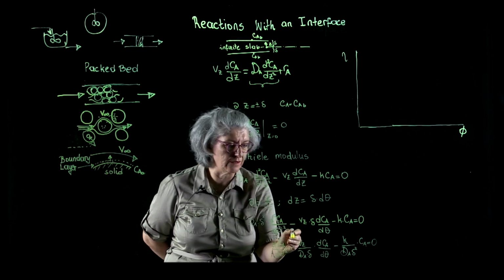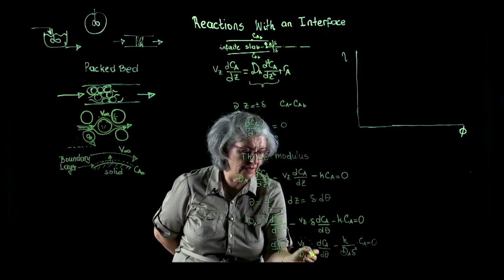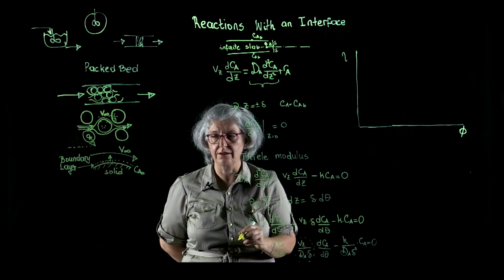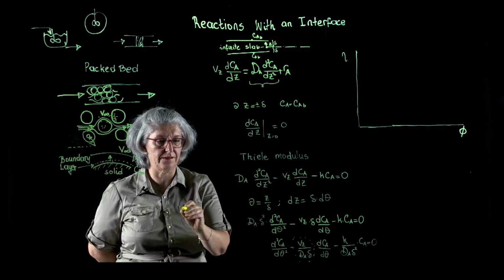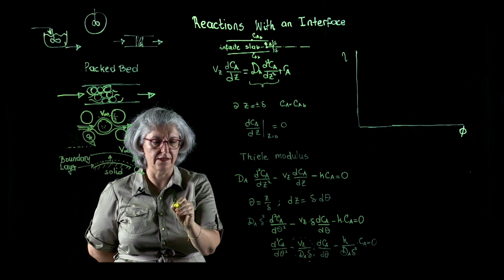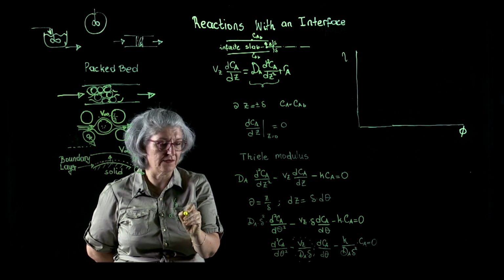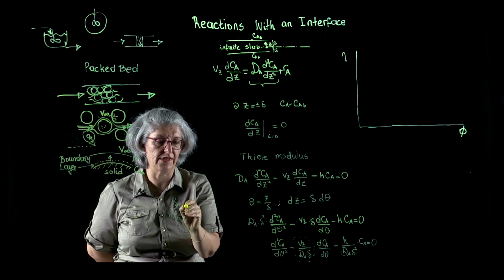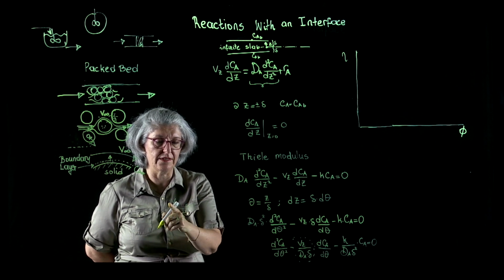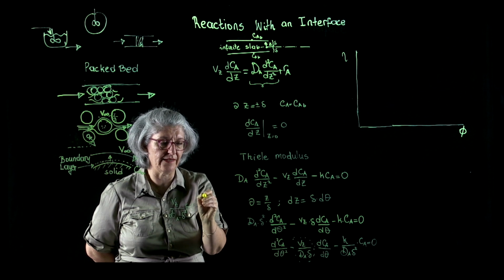Now let us take this quantity and see what kind of dimension it has: Vz times delta divided by diffusivity dA. I'm going to do a dimensional analysis. Vz is linear velocity, length per time.